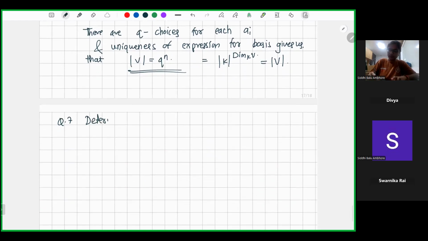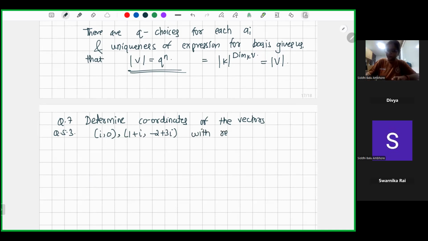This question is question 5.3. Determine the coordinates of the vectors (i, 0, 1+i) and (i, -2, 3i) with respect to the basis v1 equal to (1+i, ...) and v2 equal to (1, 1+i) of the C vector space.